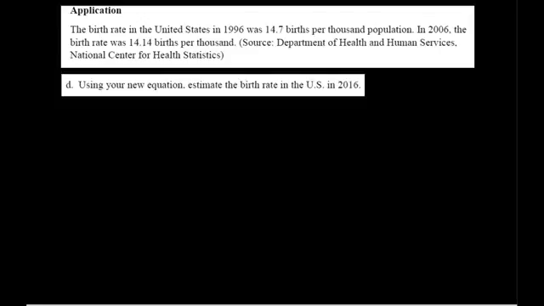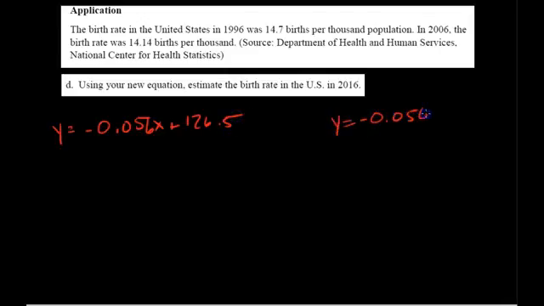Okay, so let's see if we can put this to use. What if I want to estimate the birth rate in 2016? Negative 0.056x plus 126.5, y is equal to negative 0.056x plus 14.7. And we'll see that we're going to get the same answer. In this situation, x is going to be equal to 2016. And in this situation, x is going to be years since 1996, and 2016 is 20 years since 1996.